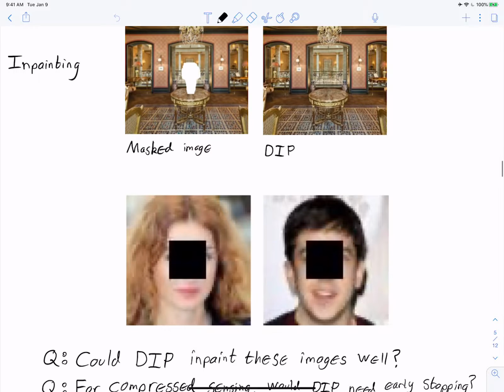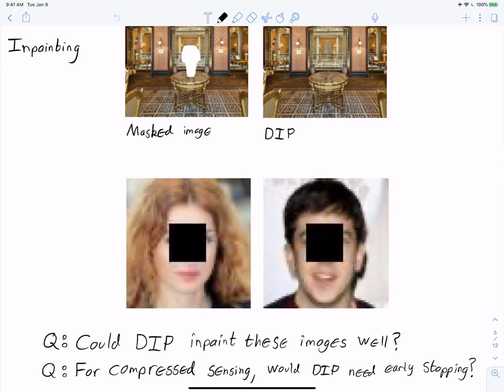We could ask two questions. Here's another inpainting problem, or here's two images of people's faces with some pixels removed, just like in the previous case where the vase was removed from a table. And a question that you can ponder is, could the deep image prior in-paint these images well?